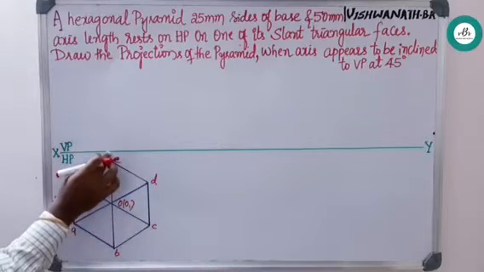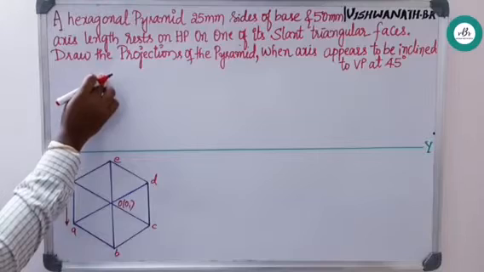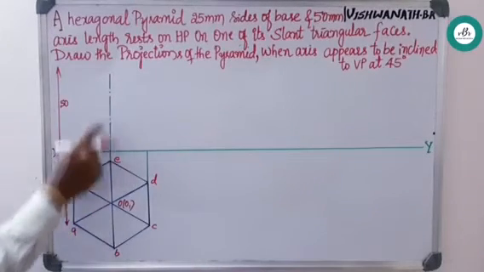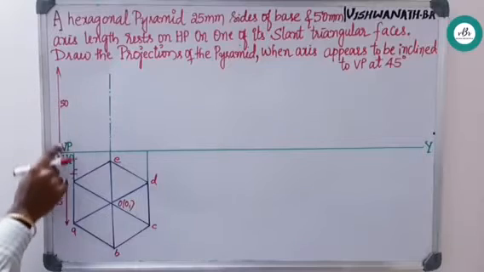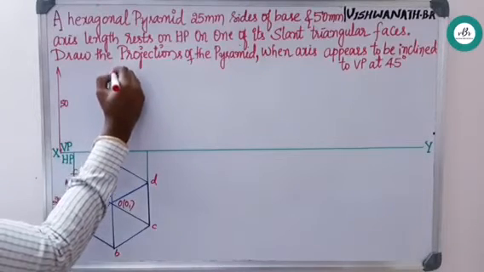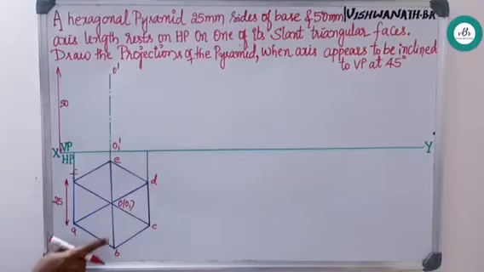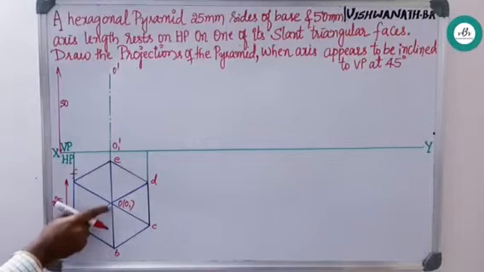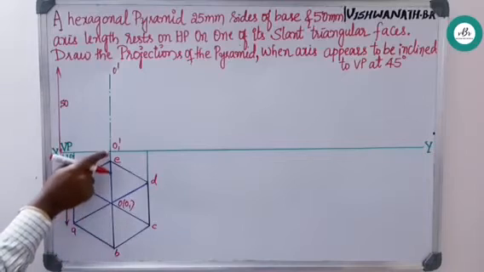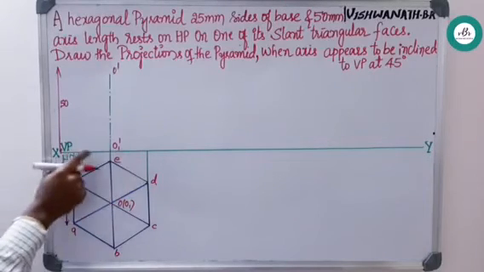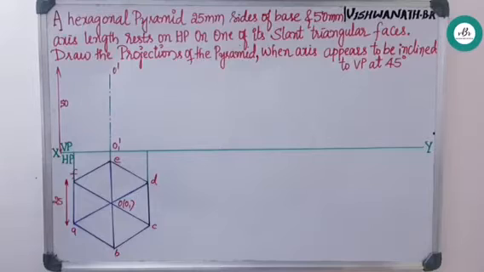From center o1 raise the given height, that is 50. After raising the axis height, show this height, it is 50 mm, and this is o dash and o1 dash. Next, have a look. B to O is a slant edge which covers this particular axis, and by joining all these points, complete the front view.